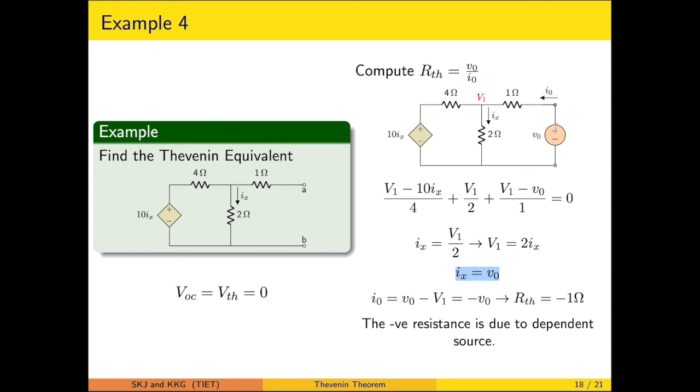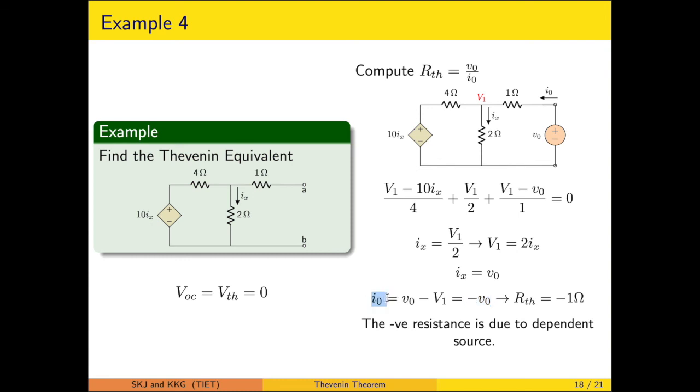So I0 is nothing but V0 minus V1 upon 1. So I0 is equal to V0 minus V1. Here we substitute V1, which is equal to 2Ix, and Ix is equal to V0. That gives you the value of minus V0.